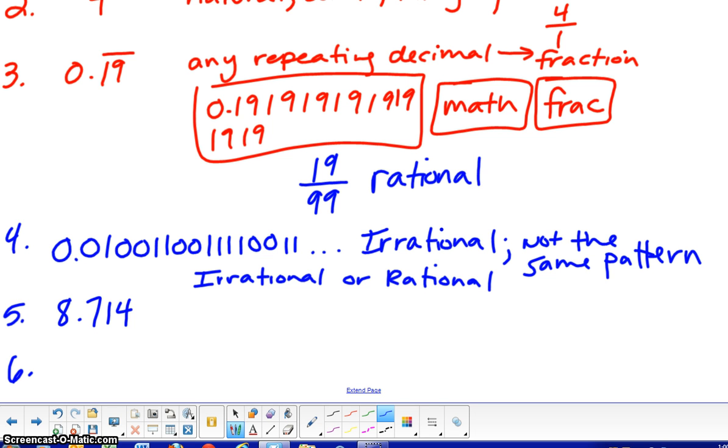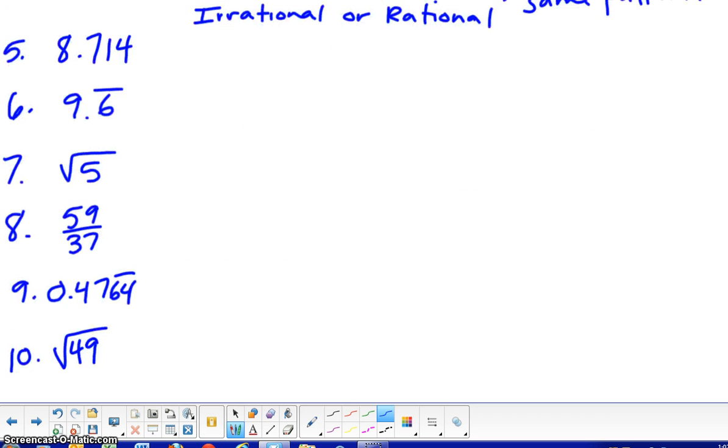Okay? And you can make a little chart if you'd like, just put a little checklist. Okay, so once you have completed 5 through 10, you are done with the lesson, and that'll be the first thing we go over are the answers. We'll go over the notes first, and then we'll go over the answers and see how you did. Again, you are only labeling if it is irrational or rational.